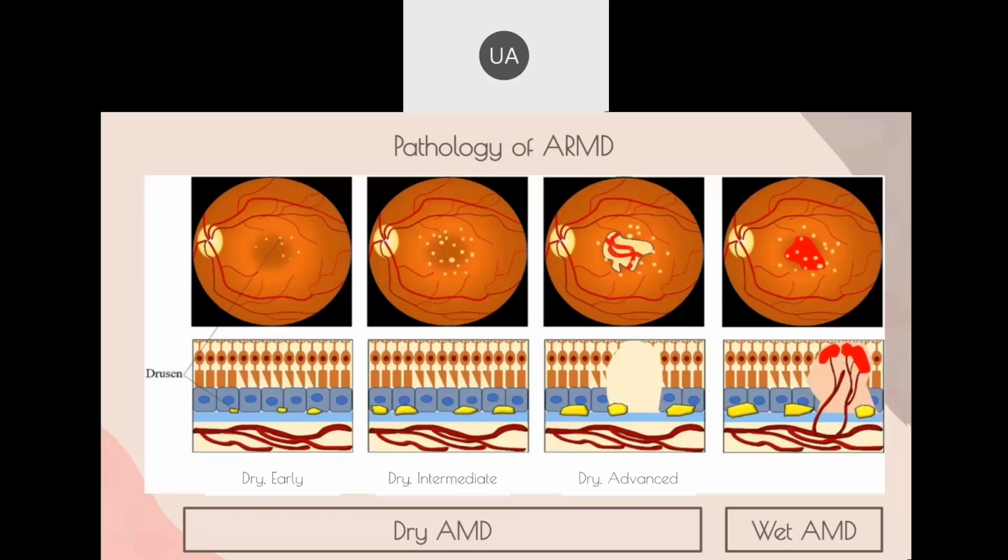So geographic atrophy is defined as the deterioration of the retinal pigment epithelium, photoreceptor layer, and choroidal capillaries in the macula. And then the wet ARMD shows invasion of abnormal fragile choroidal blood vessels, which grow from the choroid into the retina, which leads to blood and fluid leakage. Okay, next.